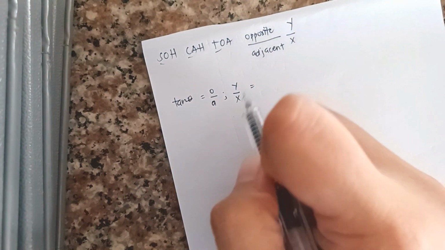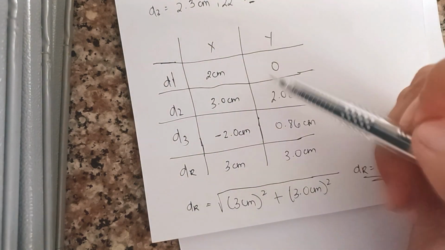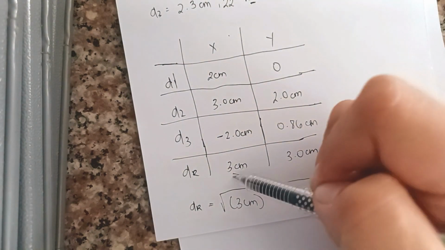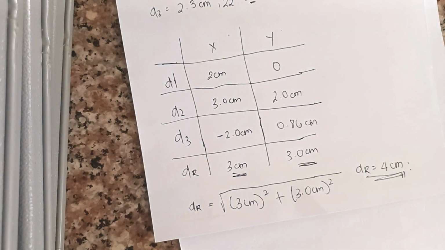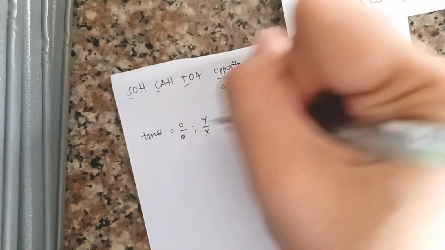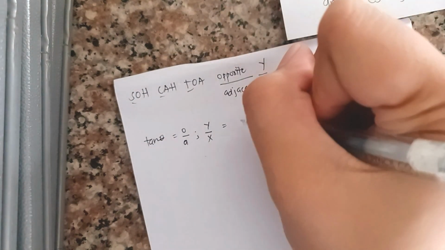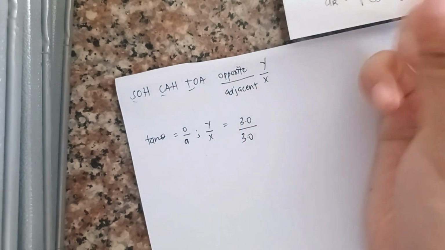So, saan po natin kukunin yung y over x? Dito po. Okay? We have the x, yung ating nakuwang sagot. We have the y, yung ating nakuwang sagot. Okay? So, we will get now the direction. Para makuha ang direction, substitute lang natin. We have 3 over 3 as well.